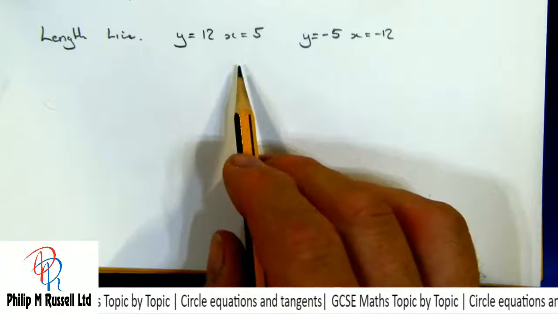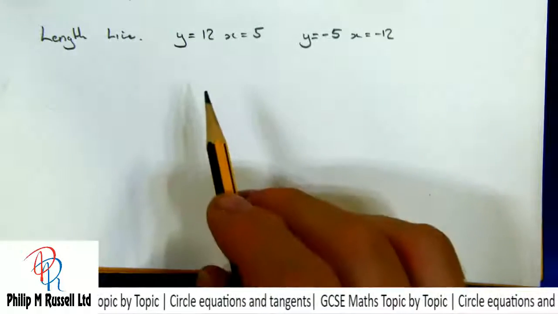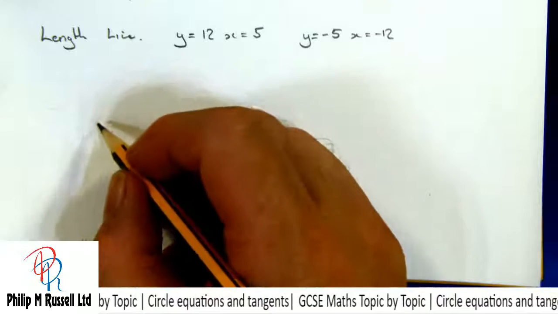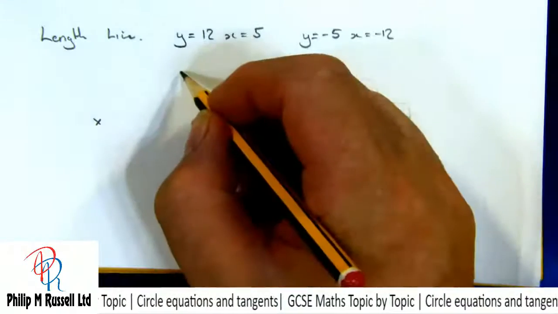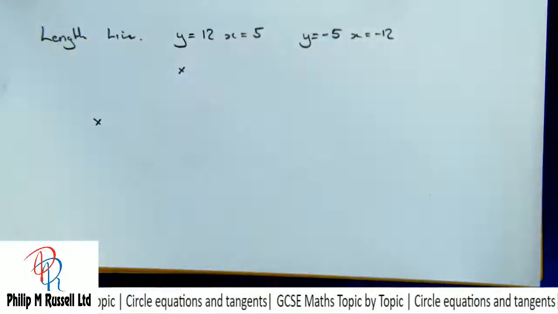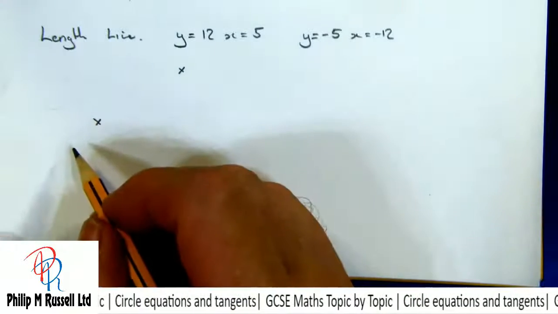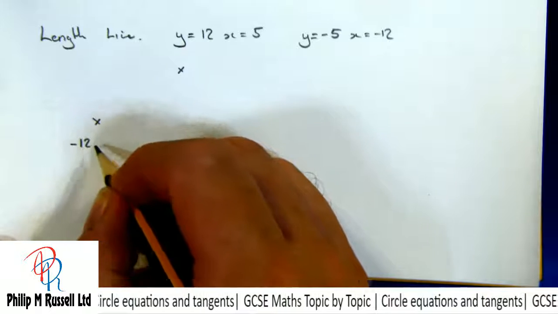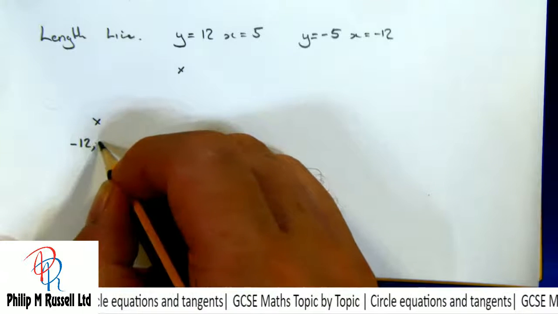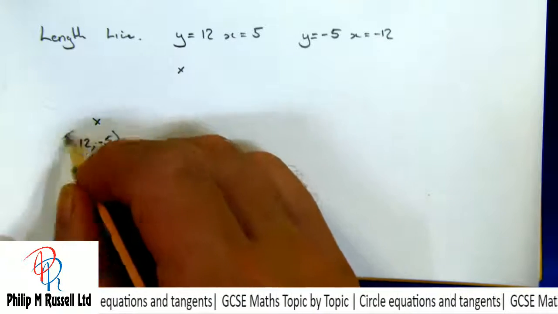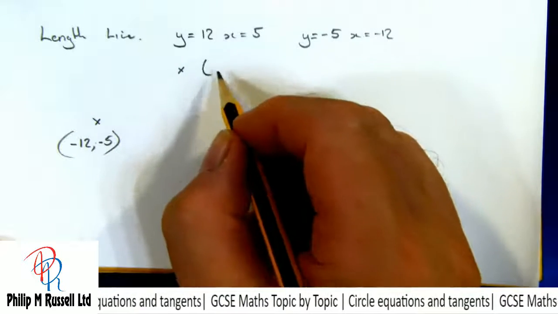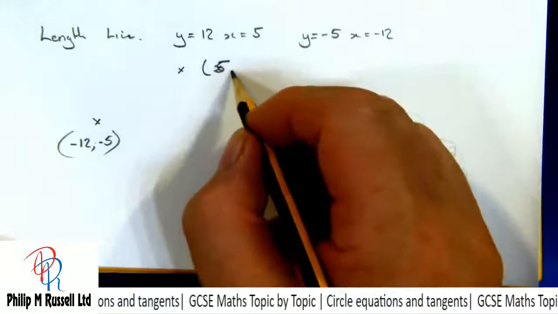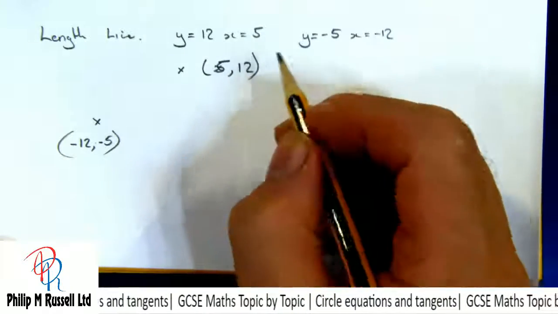Basically, to work out the length of a line, I've got two coordinates, here and here. This one is going to be (-12, -5), and this one is going to be, didn't write it properly, (5, 12).